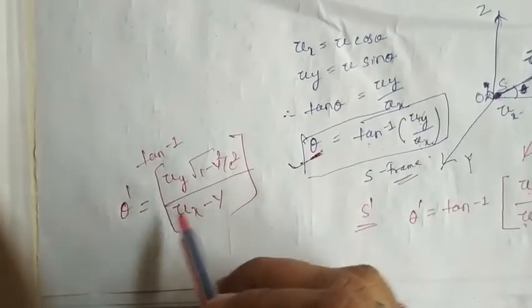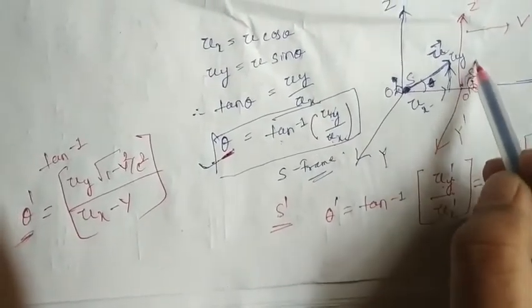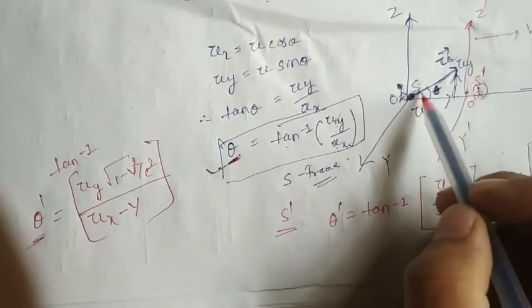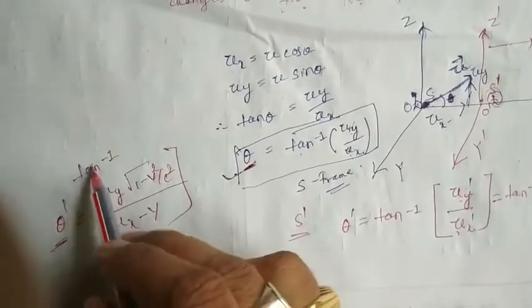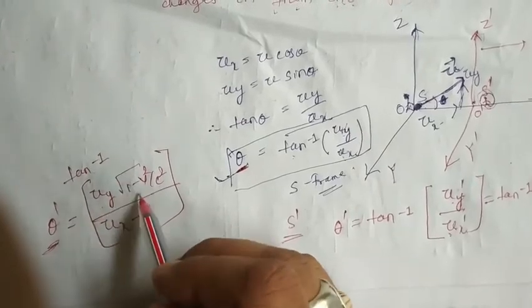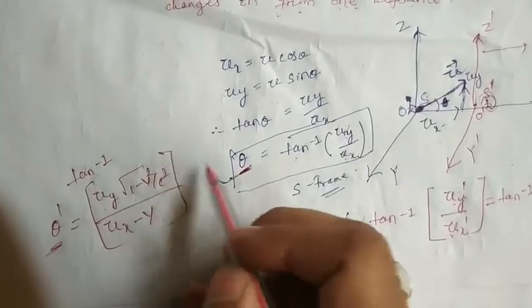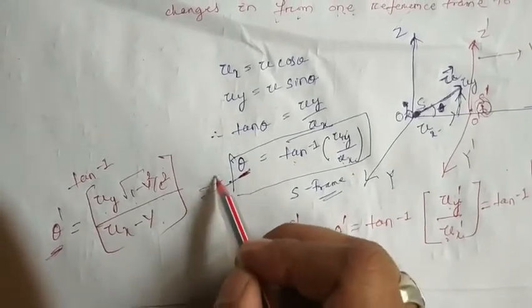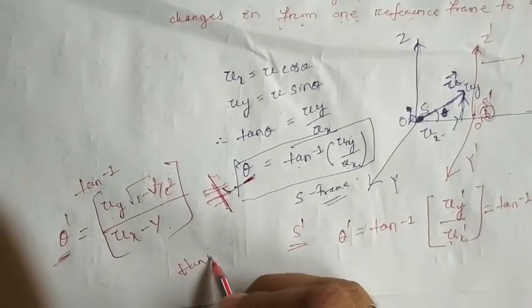But theta dash, which is measured by the observer sitting in the S dash frame for this particle, what will the angle be? The angle will be tan inverse of uy root of 1 minus v square by c square by ux minus v, which is not the same as theta. So hence proved.